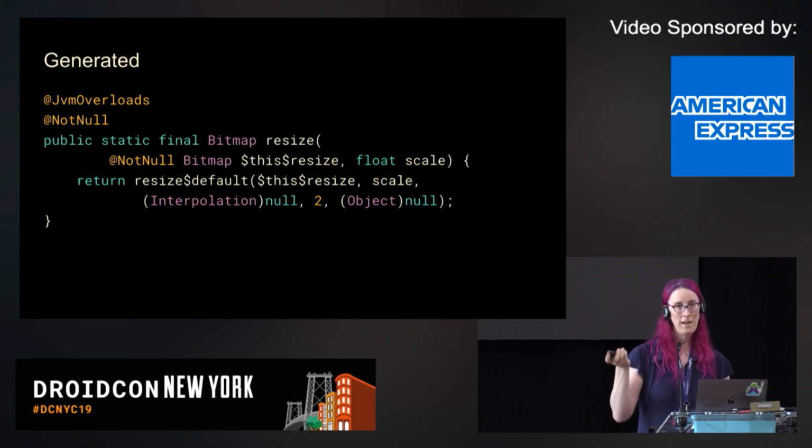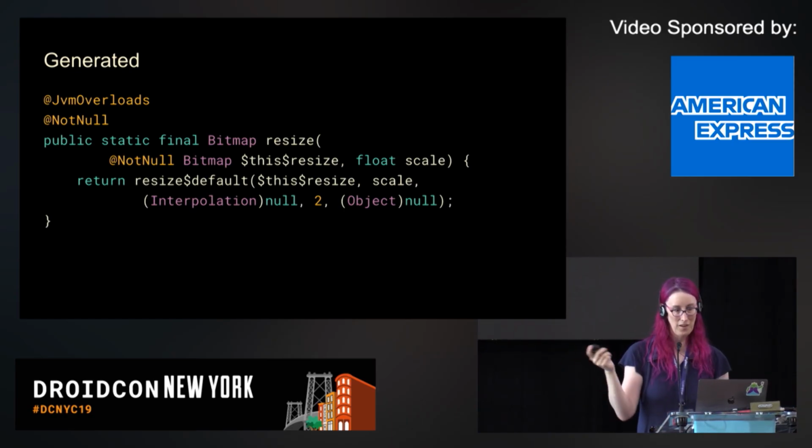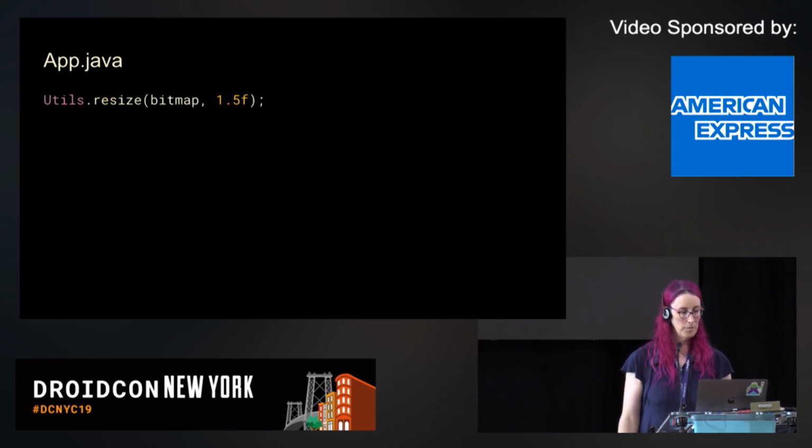So if you had 3 default parameters, it will generate the 4 different methods, but you can't mix and match like you could in Java. Because you can't put in named parameters, you can't just skip the middle parameter. You'd have to put in the first, the first and second, or the first, second, and third, but not the first and the third. But yeah, after we use JVM overloads, we get this.